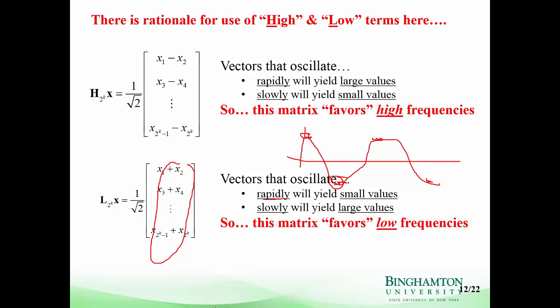And likewise, with something oscillating slowly, we're going to be adding two numbers that are very similar in size and sign, and so these numbers will be large values, either large positive or large negative. So the L matrix favors vectors that are low frequencies and will suppress or eliminate the effect of vectors that are rapidly oscillating.